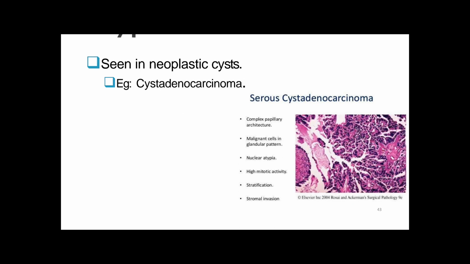Here you can see serous cystadenocarcinoma, with complex papillary architecture, malignant cells in a glandular pattern, nuclear atypia, and high mitotic activity, stratification and stromal invasion. You can see here. So these are about the cyst cytology.